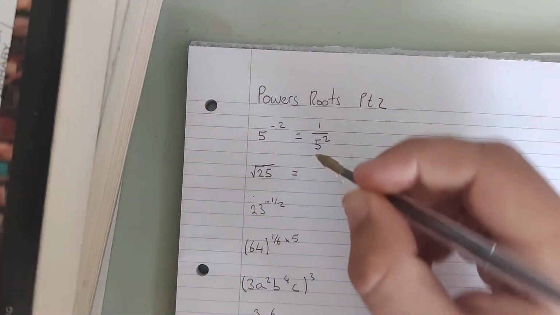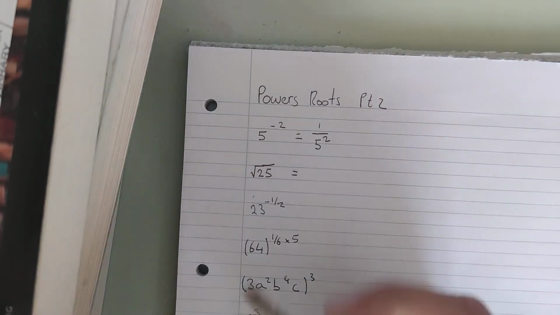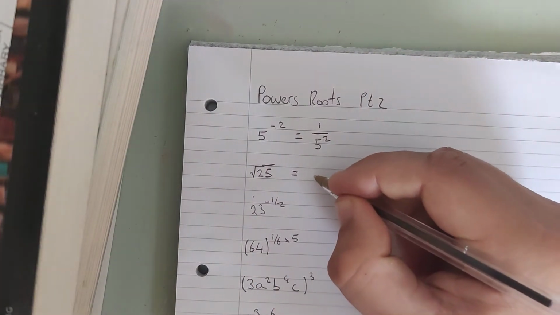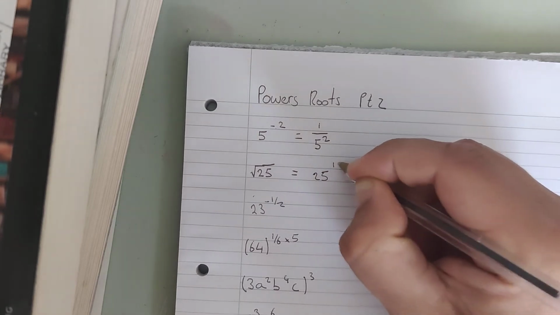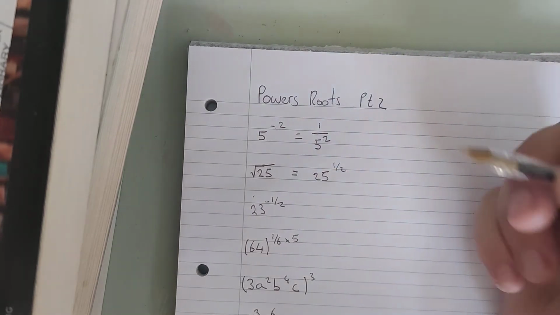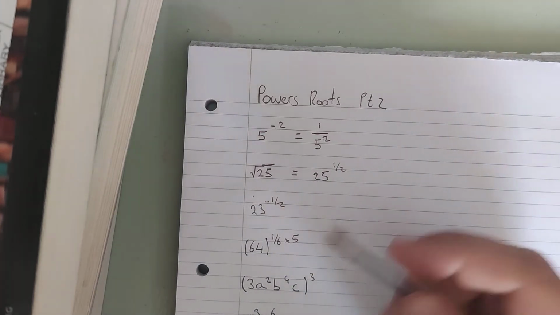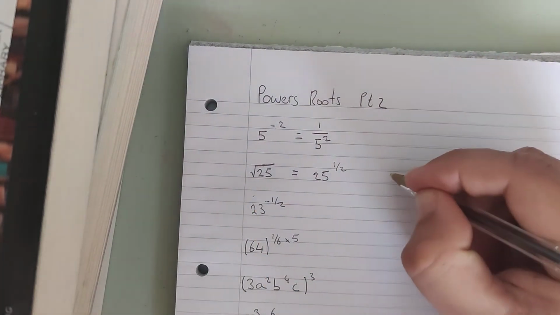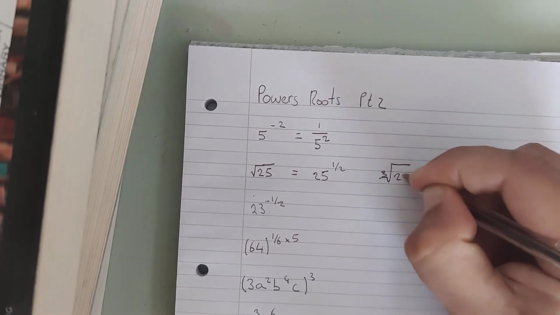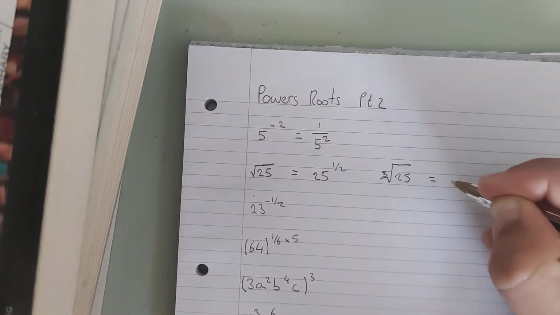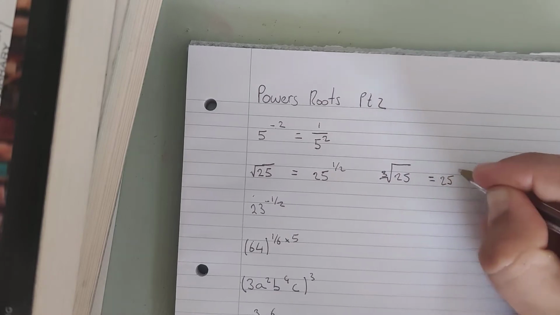We covered this briefly in the video before, but a square root just like that is the same as a power of a half. Say it was the cube root of 25, then that would equal 25 to the third.